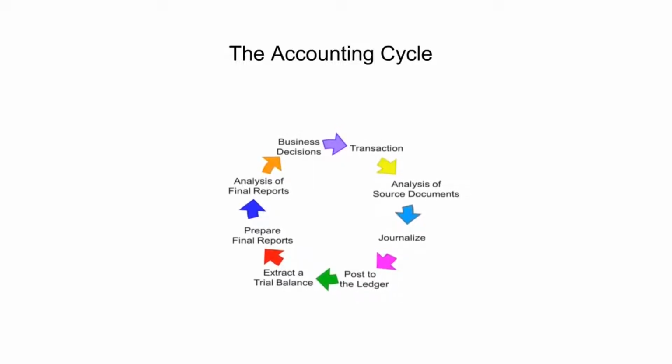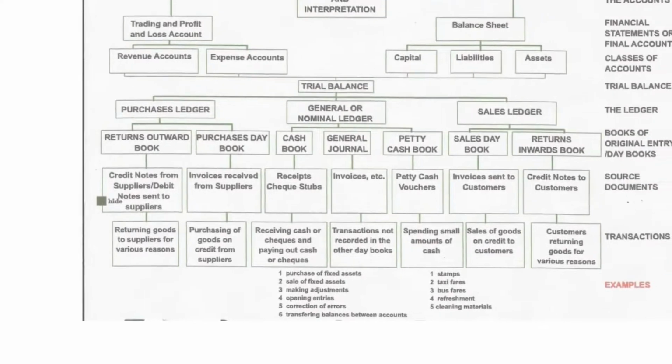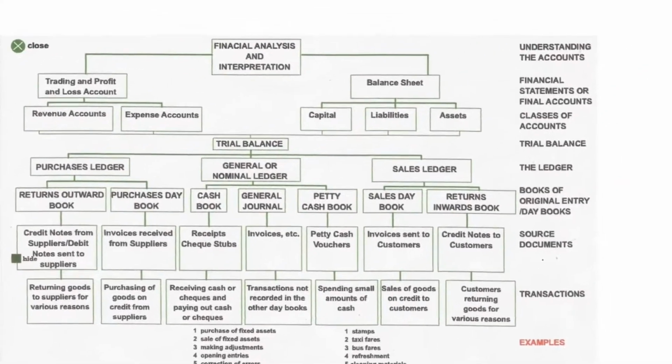Now we'll take a look at the accounting cycle in more detail. This accounting cycle is done in the form of an organizational chart, but this one needs to be read from bottom up.